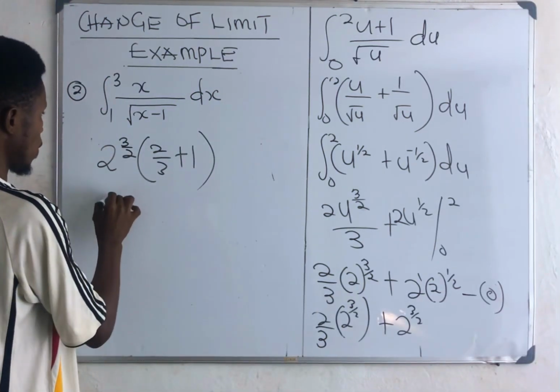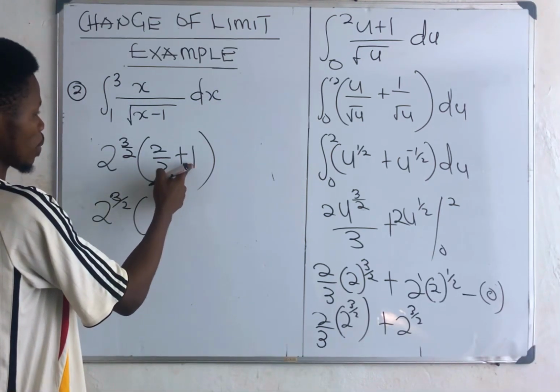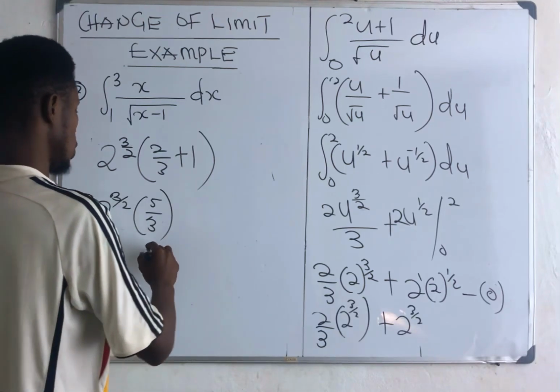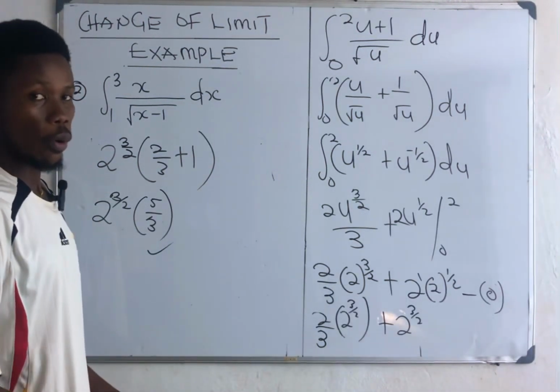So 2 to the power 3 over 2, times 2 over 3 plus 1, that is 2 plus 3, 5. So 5 over 3. So this becomes the final answer to that question.